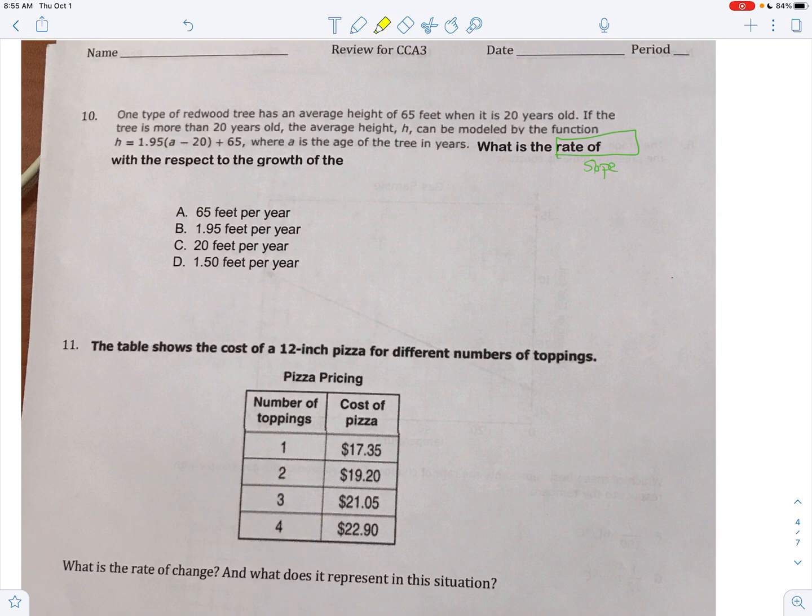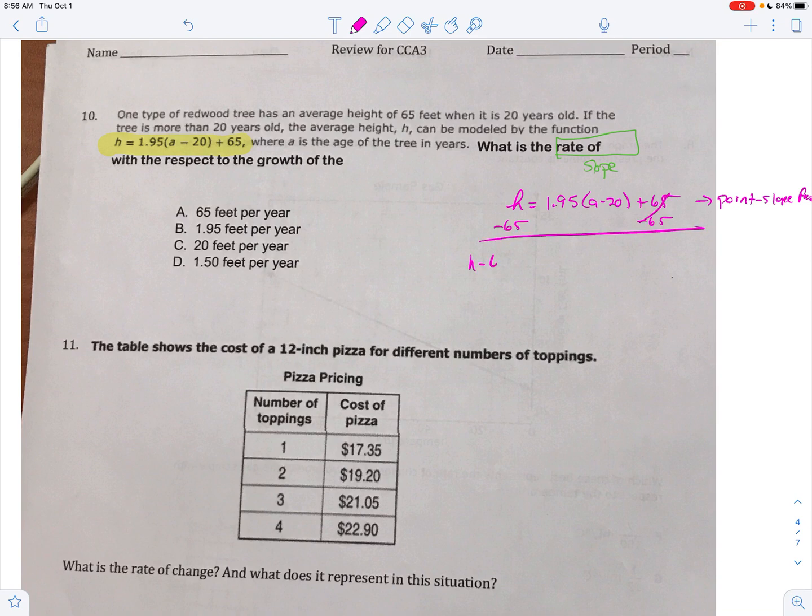Note that this tree is being modeled by this equation here. This should remind you of a previous problem where what we need to do here is take h equals 1.95 times a minus 20 plus 65, and note which form this is similar to. It is closest to point slope form. All we have to do is subtract 65 from both sides here.